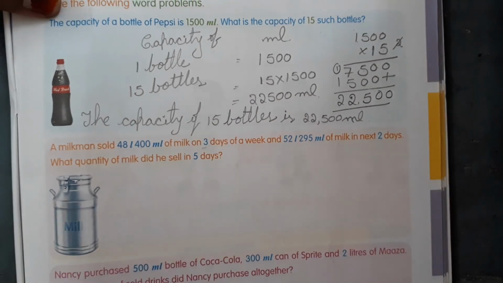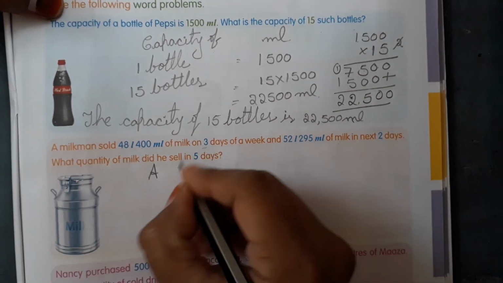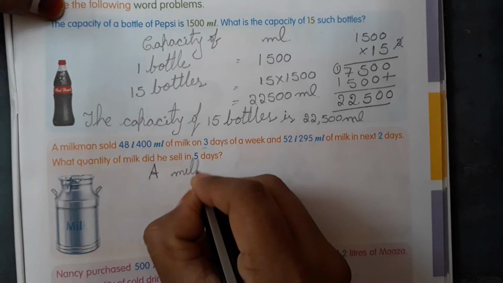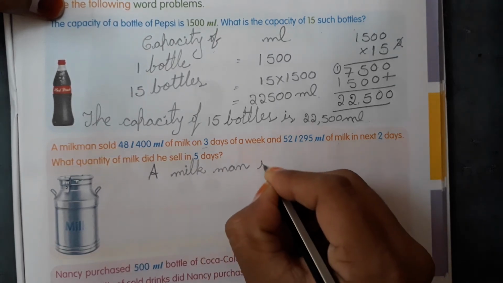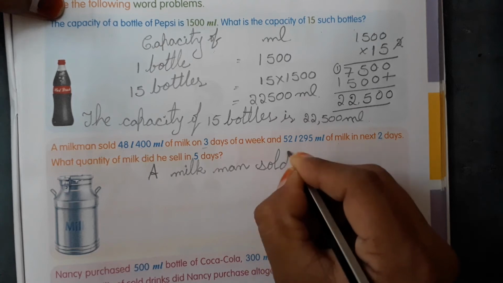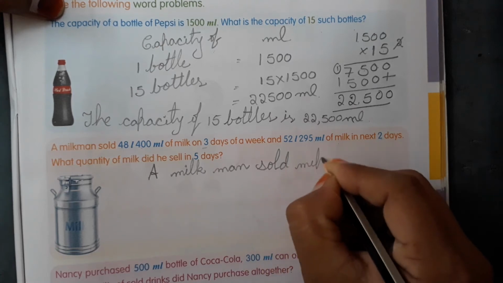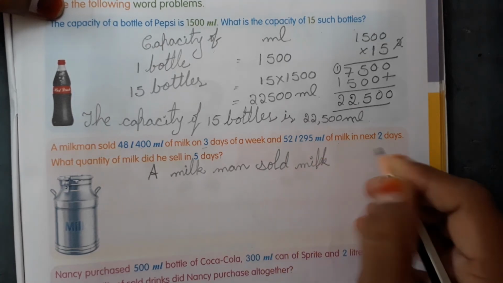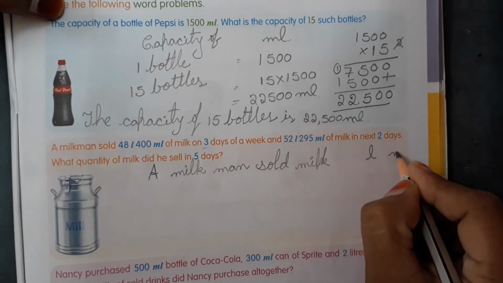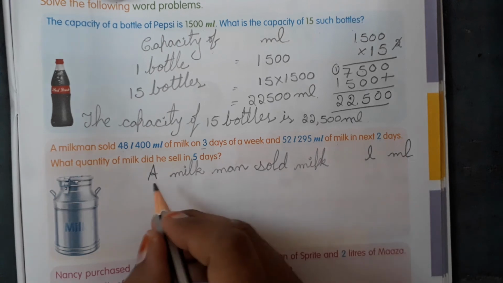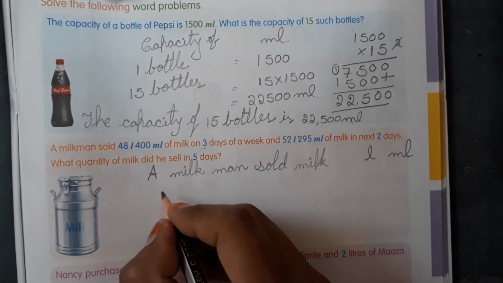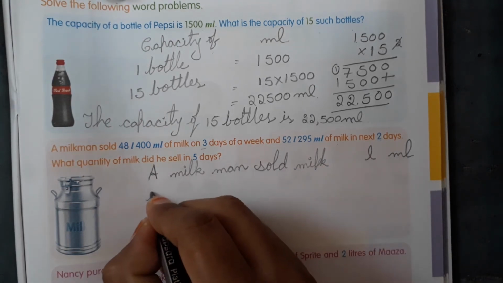A milkman sold milk, in liters and milliliters. This is the common step, children. A milkman sold milk on 3 days.